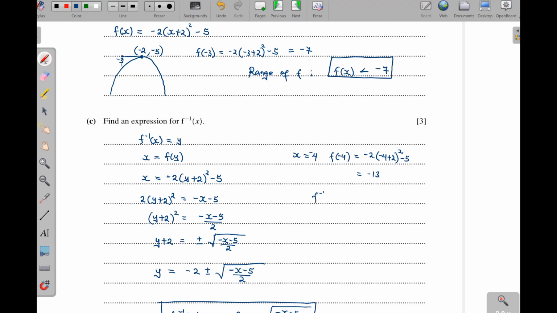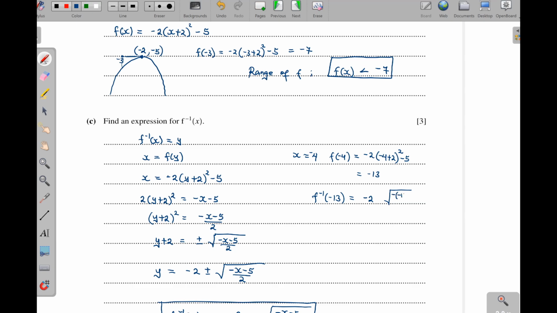Now, let's go to the inverse. Remember that the domain of the inverse is the range of f, okay? So we are going now to put this value here in the inverse. When we put this one in the inverse, do we get back the negative form? So I substitute in here, this is negative 2, I'll leave space here, okay?